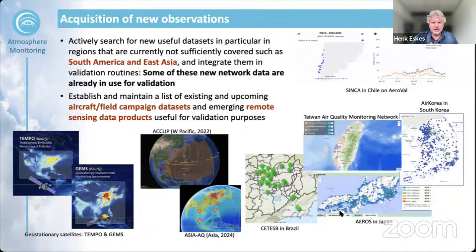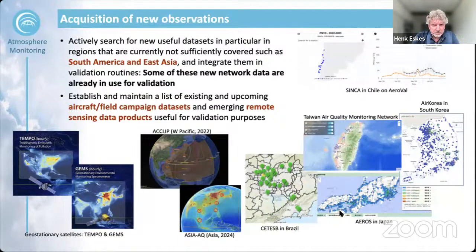So at the moment, we are investigating which kind of data sets we can use. For instance, the data set from Chile in South America is something that we use operationally at the moment. But we're extending to other data sets like Brazil, Japan, South Korea, and Taiwan that have good networks. Those are data sets that will come also into the activity.